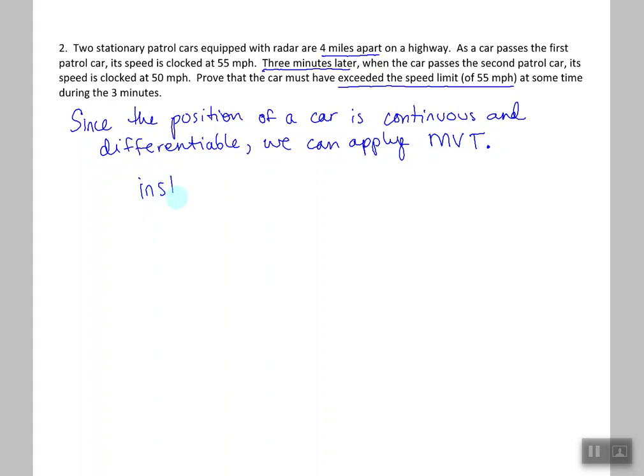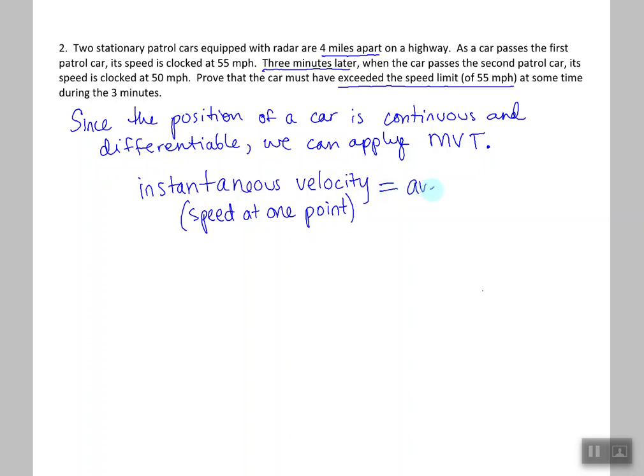Remember, the mean value theorem says the instantaneous velocity, meaning the speed at one point, at least for this situation, it's the speed of the car, since the car is only going in that one direction, will equal the average velocity, or in this case, the average speed.